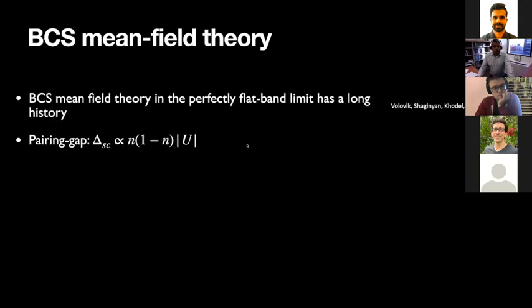Okay, so before I go into any of the non-perturbative stuff, it's always good to ask, what would have happened if I did apply BCS mean field theory in this perfectly flat band limit? And this has a long history. A lot of people have done that in the past.